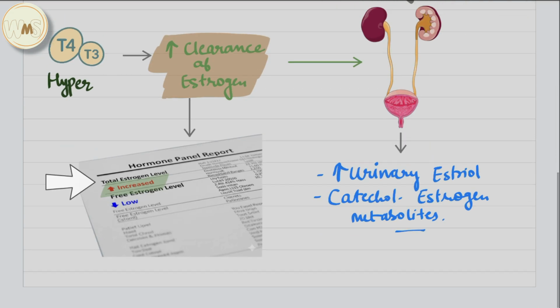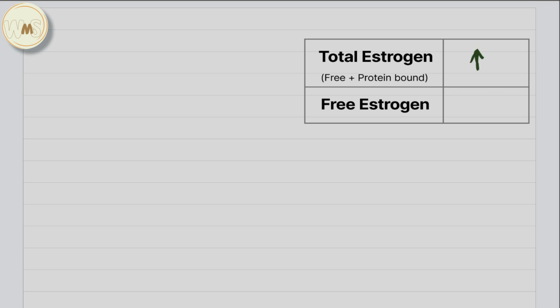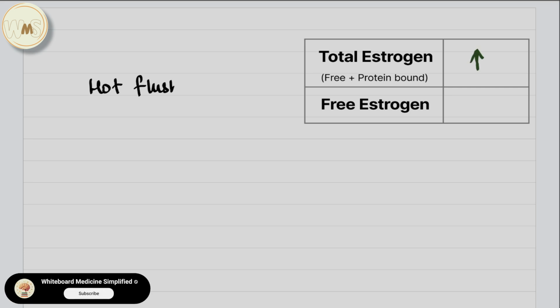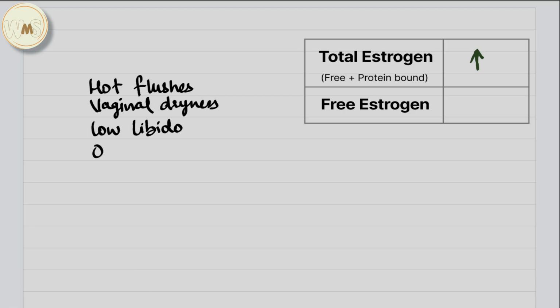So total estrogen appears high on laboratory reports, but the symptoms don't align with higher estrogen levels. Hot flushes, vaginal dryness, low libido, osteopenia suggest free estrogen deficiency. So always consider the free level before labeling a hyperestrogenic state.